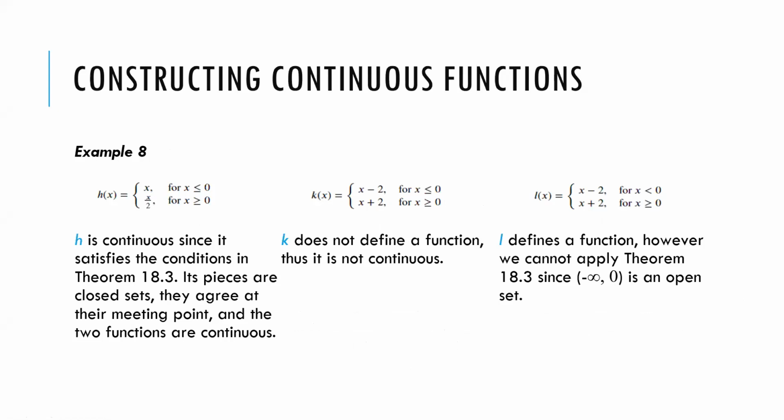And in example 8, we consider 3 piecewise functions. For the function h of x, defined as x if x is less than or equal to 0, and x over 2 for x greater than or equal to 0, h would be continuous since both of the piecewise functions are continuous and they agree at their meeting point.